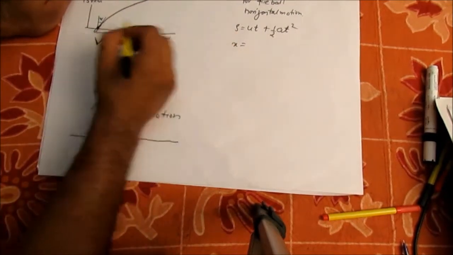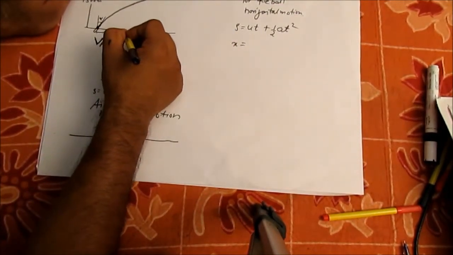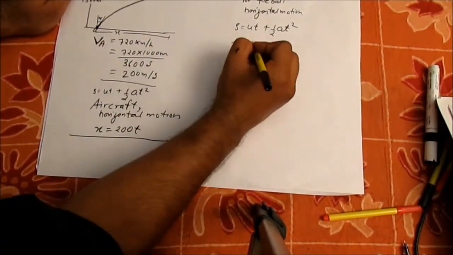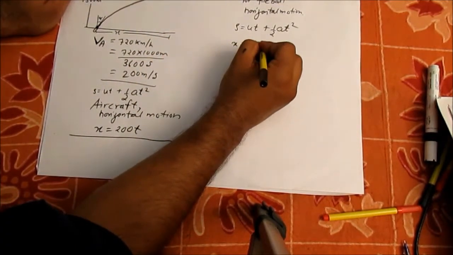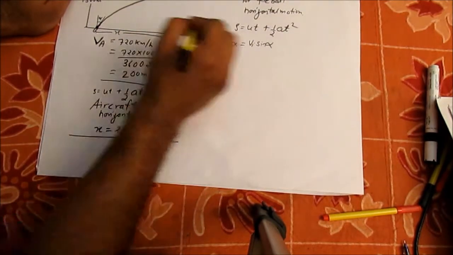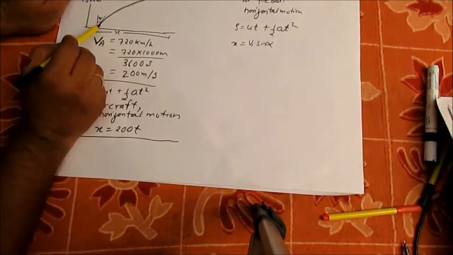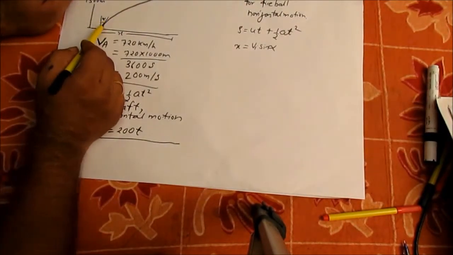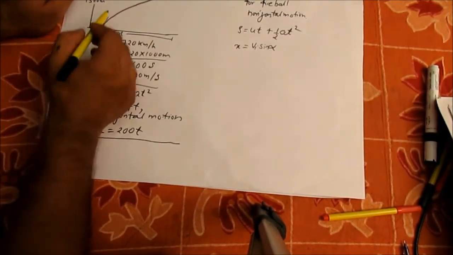The velocity in the horizontal direction is Vi sin alpha. Earlier we used to take angle theta from the horizontal direction, but they have taken it from the vertical direction. This is alpha.